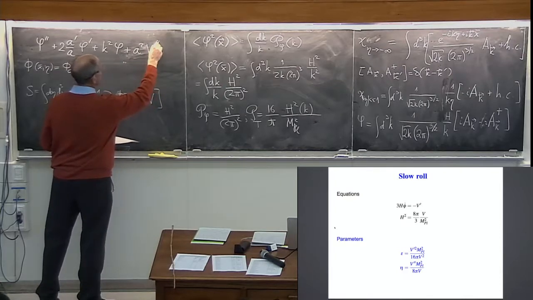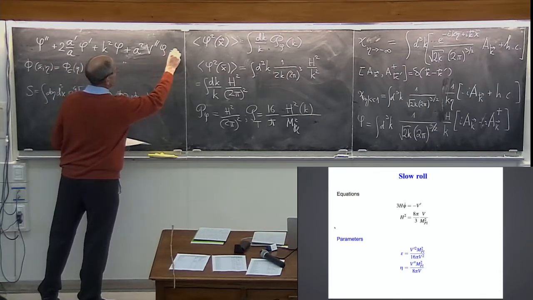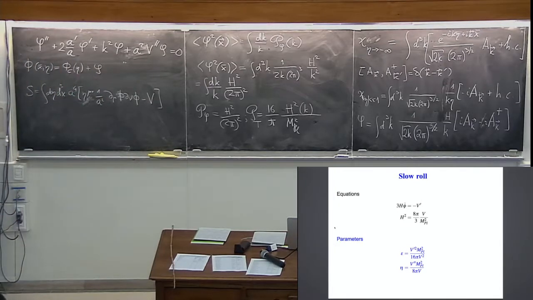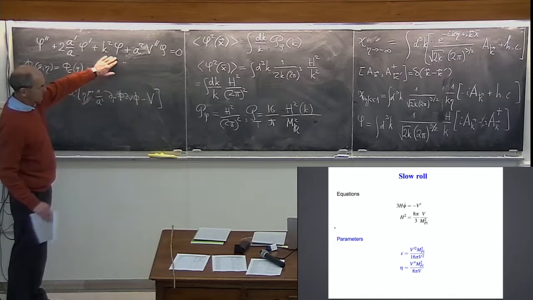Now for perturbation, it's going to be V double prime times phi equals 0. Okay? Right. That's my equation for the perturbations of the inflaton.